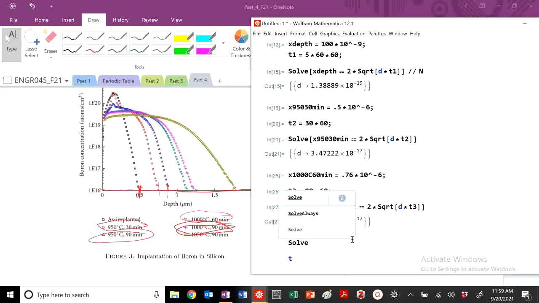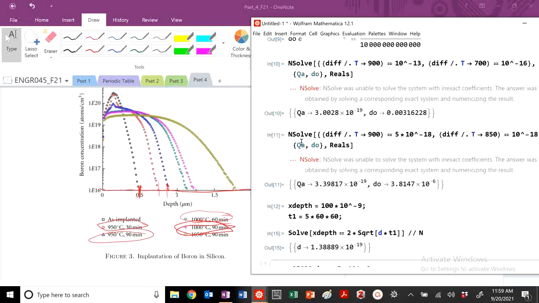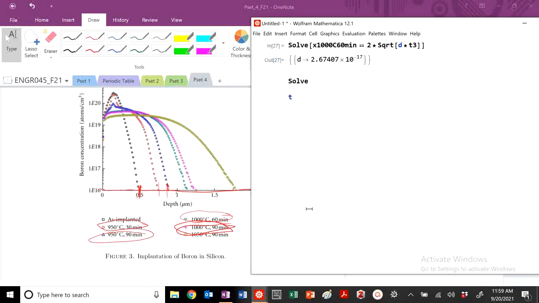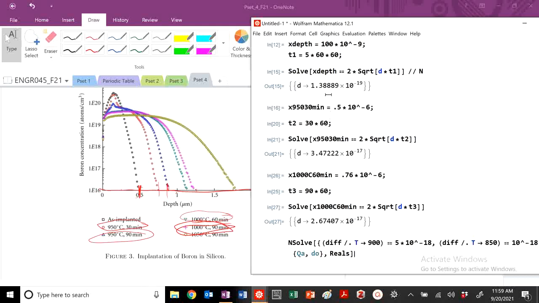So I'm going to pull out the same equation here. Now I could just plug this in, my diffusivity is equal to this at a temperature of 950 C, but we have to do 950 plus 273 equals that, and then I also get a temperature at 1,000 C, 1,000, and then my diffusivity is this.